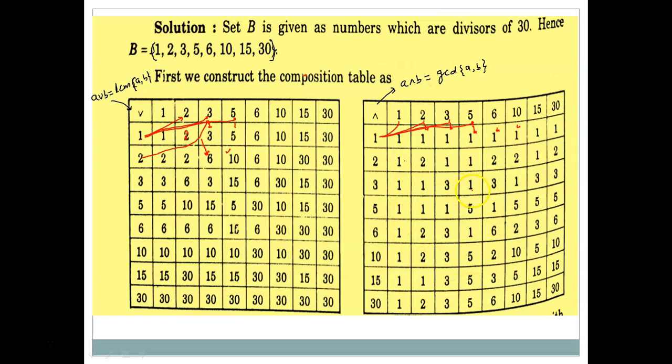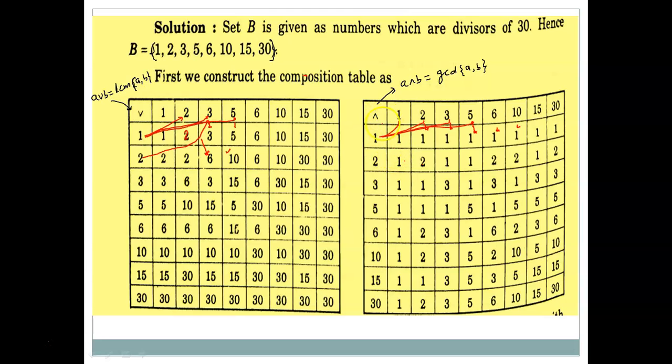So that is why join and meet are binary operations, because a binary operation is what? If you apply that operation between any two elements of a set, you again get an element of the same set. Here you have applied this join operator between all possible pairs of elements, and you are getting in this table elements belonging to the same set B. That is why this join is a binary operation here.